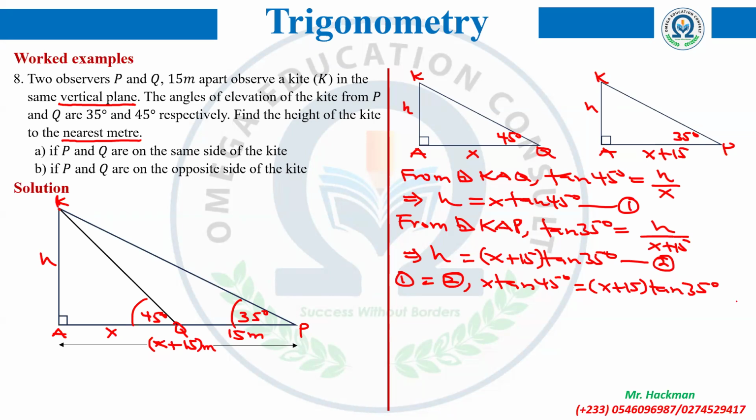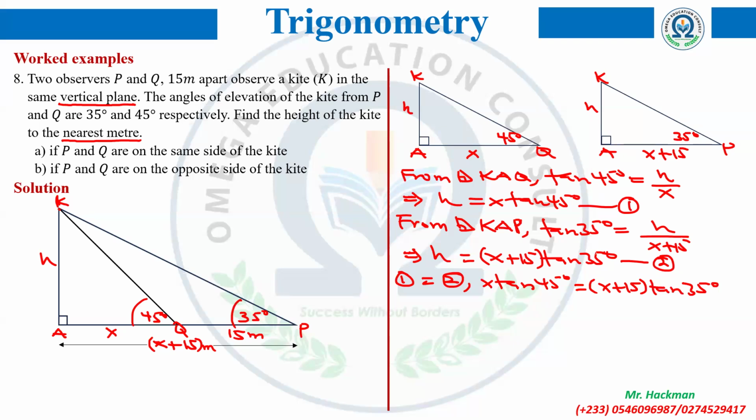Remember, we are looking for what? x. If you are able to find x, you know h, because h is in terms of x. So this equation is in x and we should be able to solve any equation in one variable. At this point we expand the side and later collect the terms in x on one side.